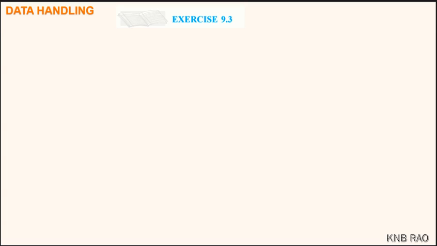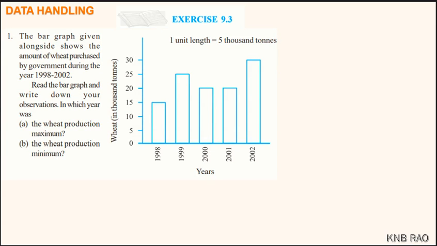In exercise 9.3, the bar graph given alongside shows the amount of wheat purchased by government during the year 1998 to 2002. Read the bar graph and write down your observations. In which year was the wheat production maximum, and sub question 2, the wheat production minimum.